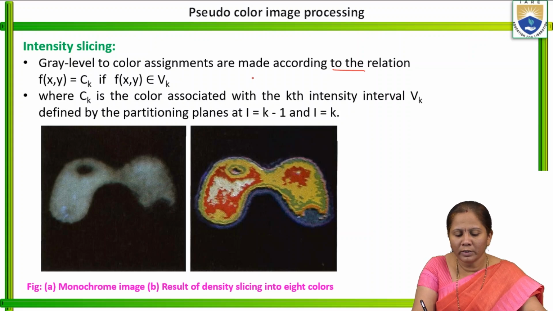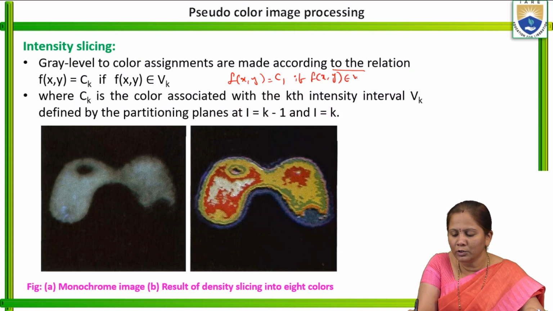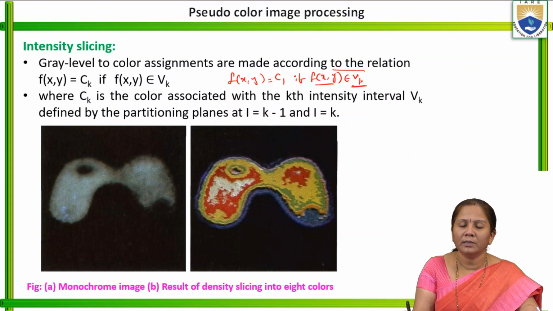So this also can be written as f of x comma y is equal to c1 if f of x comma y belongs to v1. That means if the image is present with the value v1, then c1 color will be allotted.